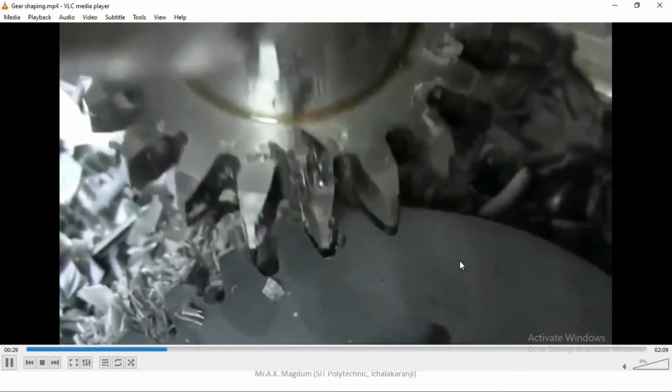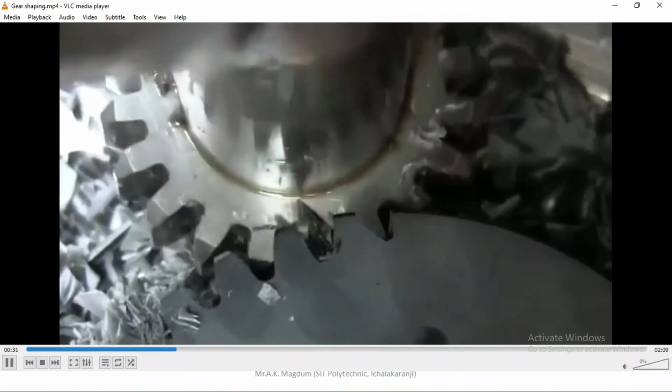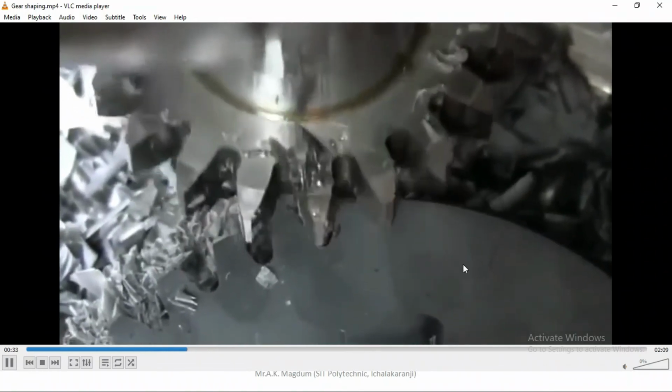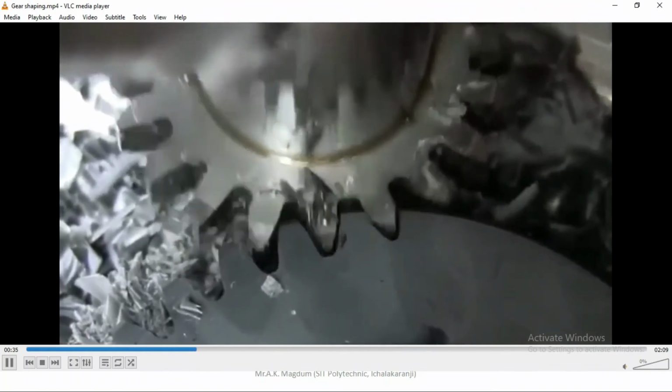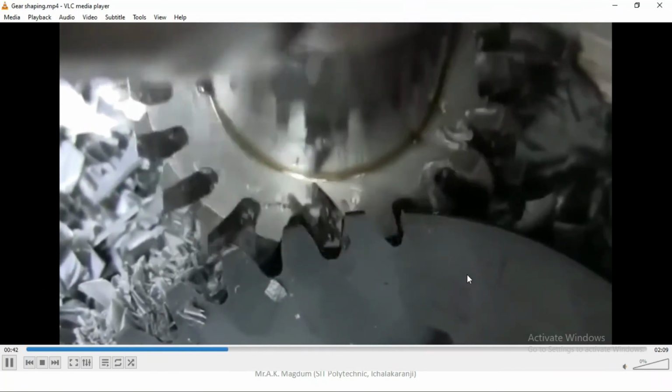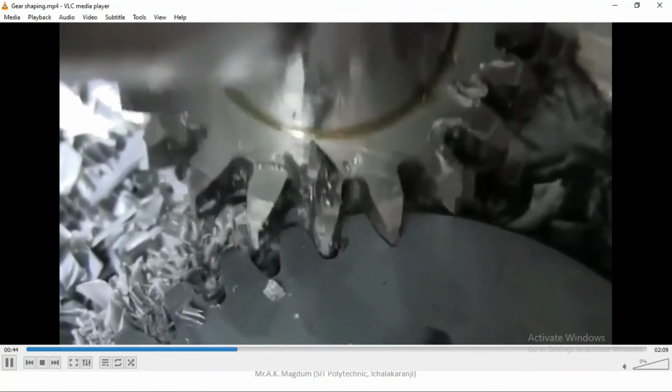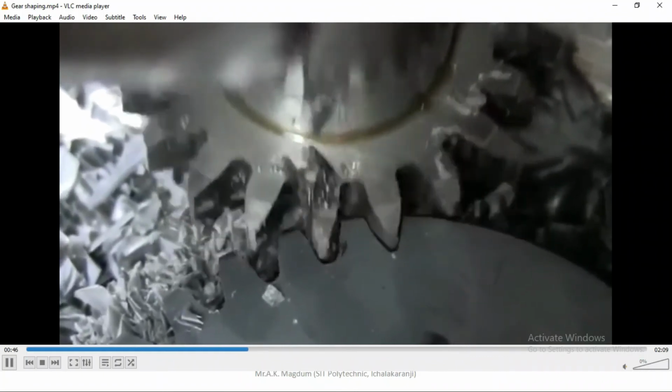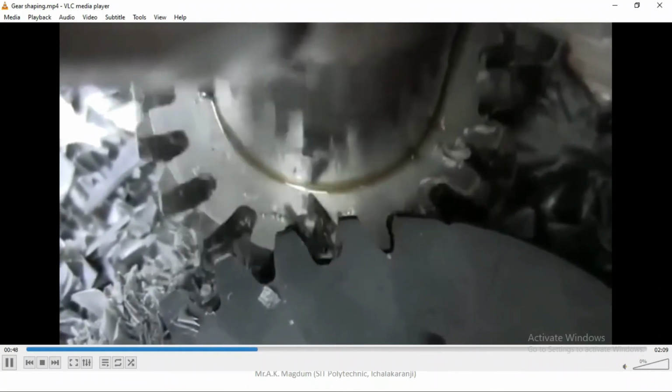In this way we easily manufacture the gear teeth with the help of the pinion cutter shaping process. This is a very simple mechanism, but it gives a high production rate in the gear manufacturing process by gear shaping with a pinion cutter.